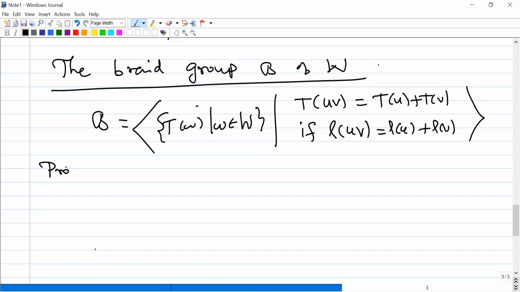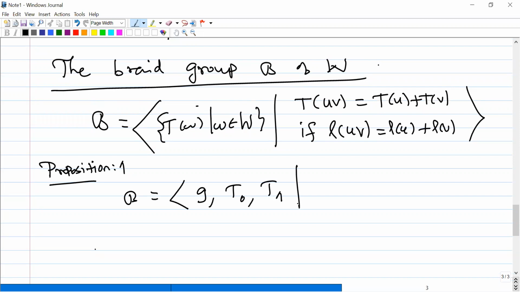Here is the first proposition. This braid group B is generated by g, T naught, T1 such that g square is identity and g conjugates T1 to T naught. We saw very similar relations in the GLn case as well.